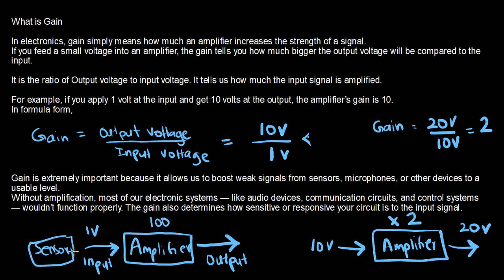The sensor provides a very small reading, 1 volt, and we need to step up this voltage. We need to amplify this signal so that it can be easily read by a microcontroller or some measuring system.